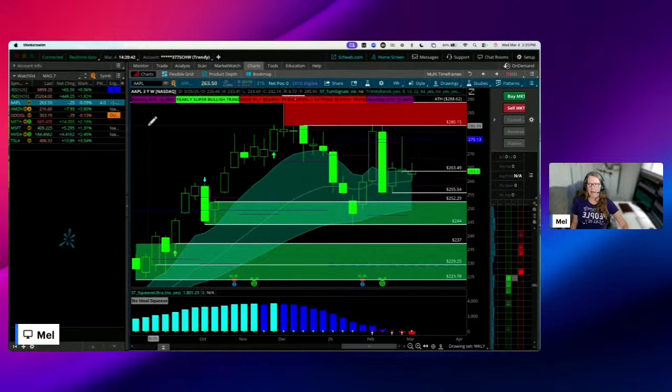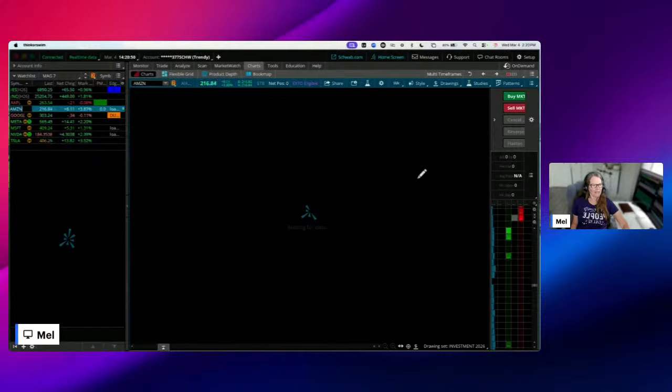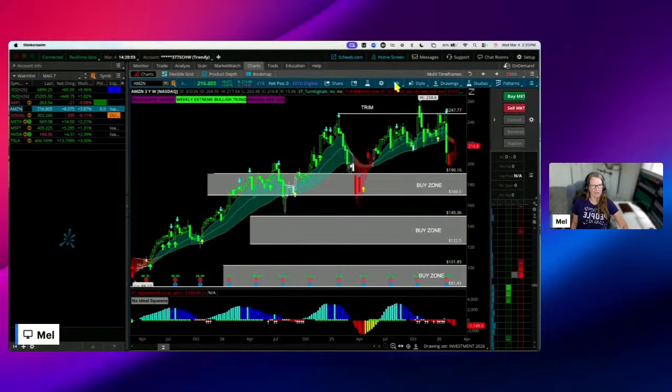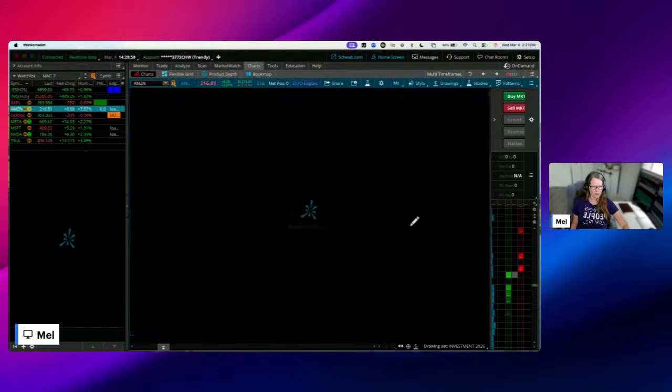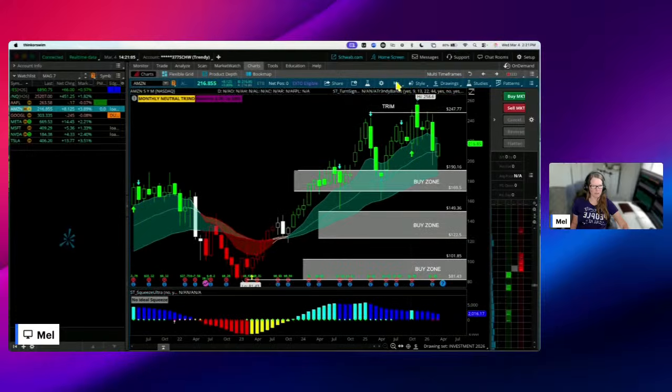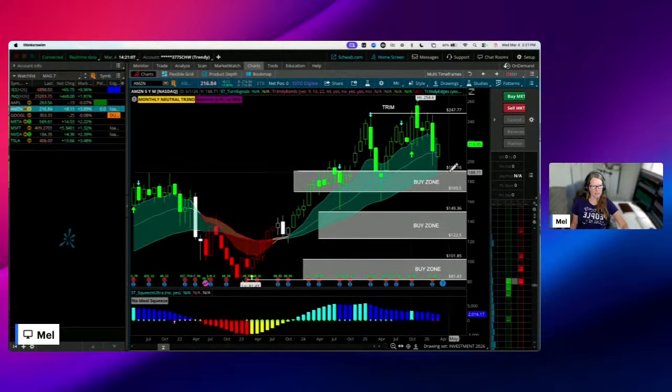Okay, now let's look at good old Amazon, as far as where I'm looking to buy a dip. So I'm going to first talk about the long-term type of trade. I like to look at bigger time frame candles here. I actually typically would use a quarterly candle, but I'm just going to show you the monthly candles.